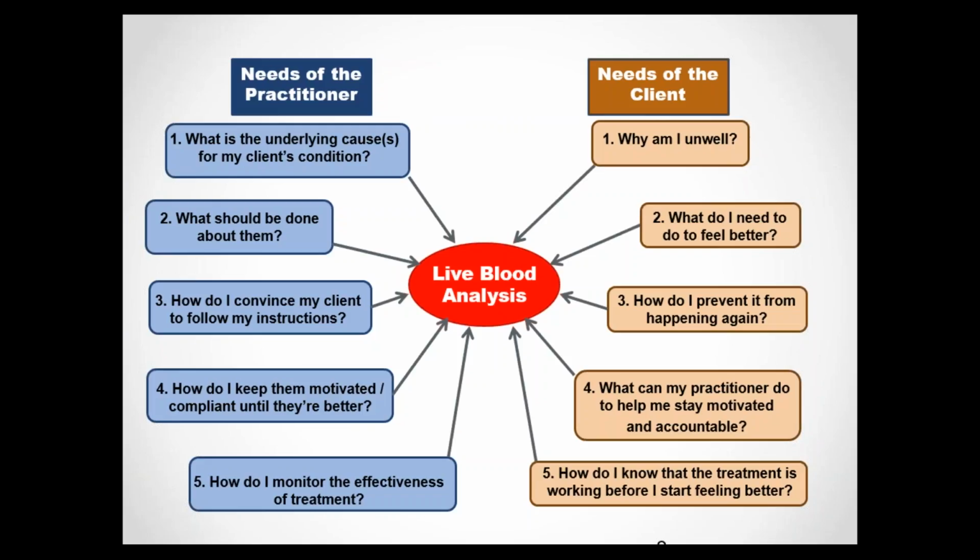I've seen it work so many times, so consistently in practice, and I've seen it help people who have tried nearly every other type of test, that I feel that if I don't do it with every client, then I'm likely to miss the boat with them completely.